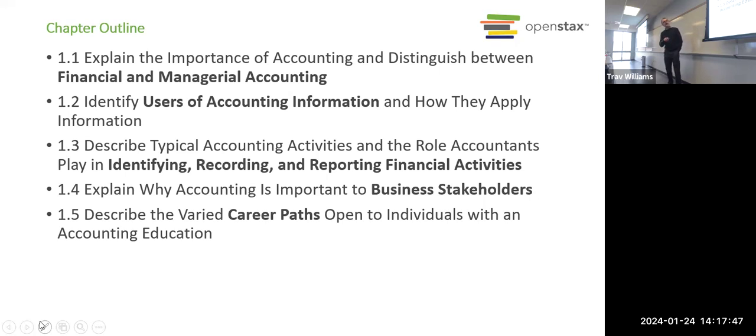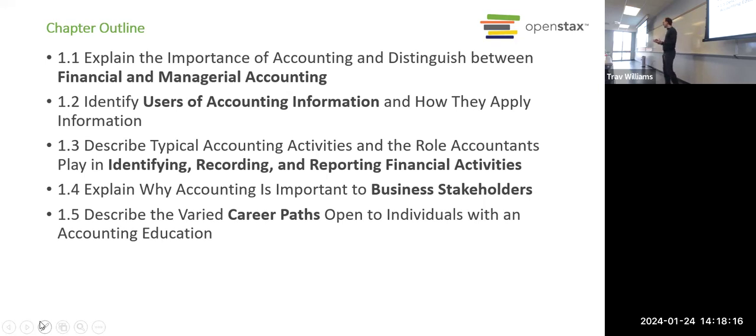Who uses accounting information? Stakeholders, which includes all kinds of different people: employees, customers, investors, and so on. Accounting involves identifying financial transactions. Every sale that's made, every purchase that's made, every dollar owed to an employee, all of that has to be identified.